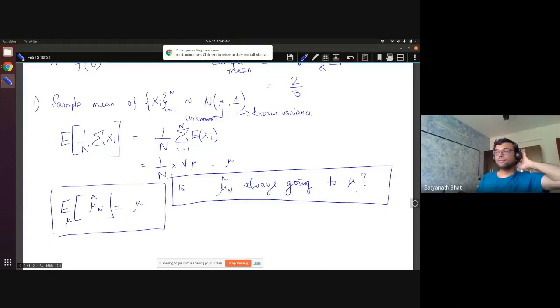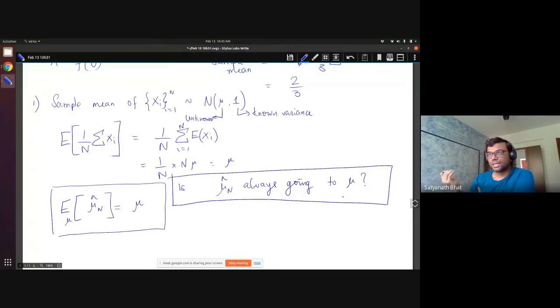But if you were to choose one value which is a very good characteristic of it, that is going to be mu. Essentially, you are trying to estimate the unknown parameter mu, and no matter what the unknown parameter is, the expected value of your unbiased estimator is always going to be that parameter which you are interested in. If it is unbiased, this is always going to be true.